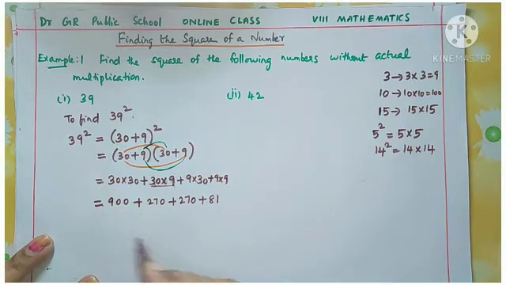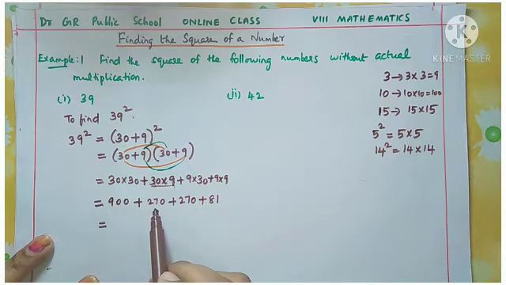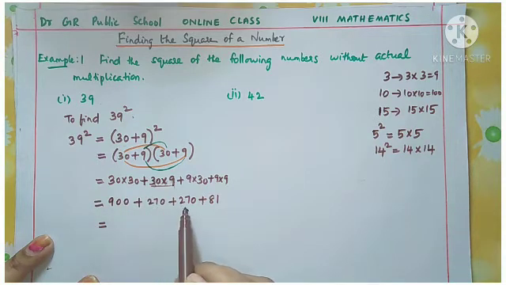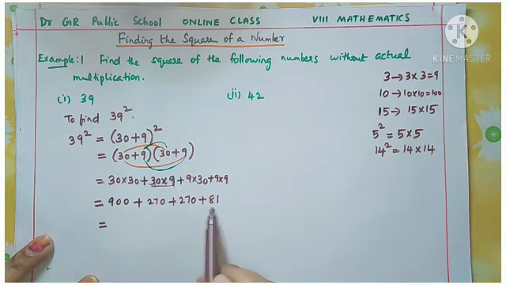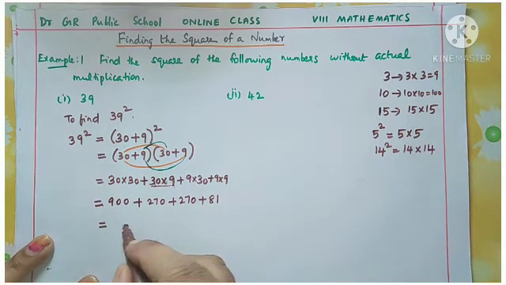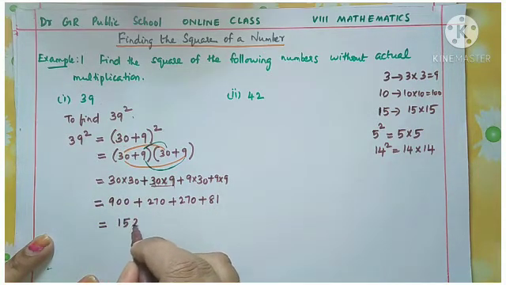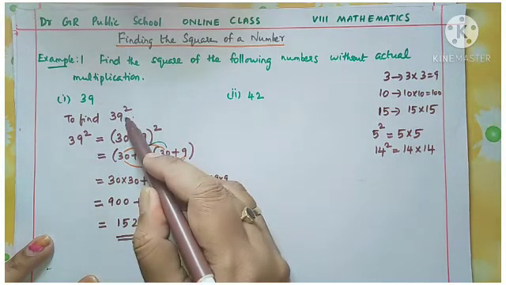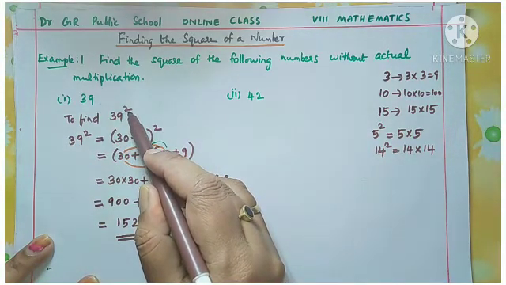Now you need to do the addition. So 900 plus 270 plus 270 plus 81. You add these numbers, you will get 1521.